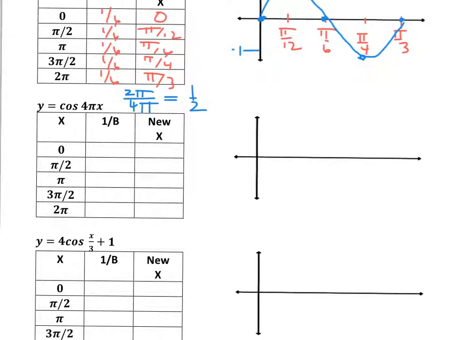It's going to be all fractions and whole numbers. Now, we can still do the exact same thing that we did above. We can take 0 and multiply by 1 divided by 4 pi. Well, what's 0 times anything? 0. What is pi over 2 times 1 divided by 4 pi?